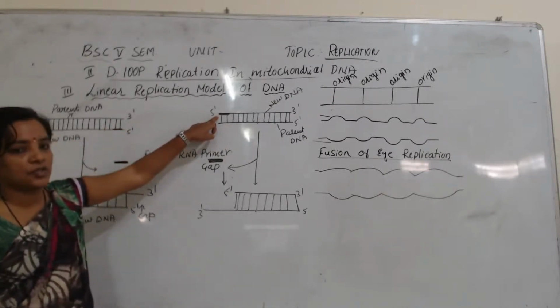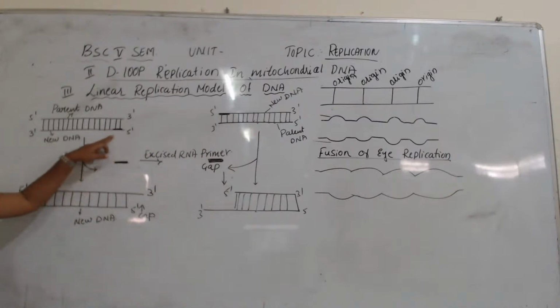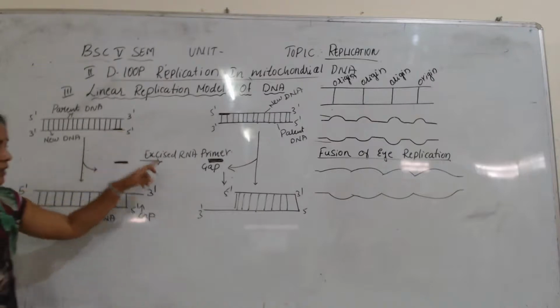This is an indication that in linear replication the new strand always has the RNA primer at the 5 prime terminal. At the end, this gap is not filled. Hence, the 5 prime end remains short.